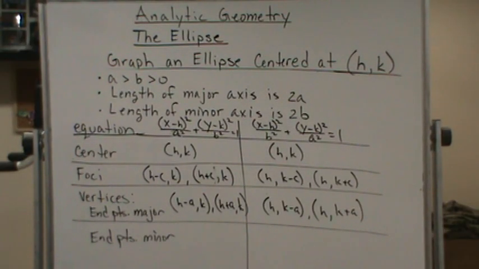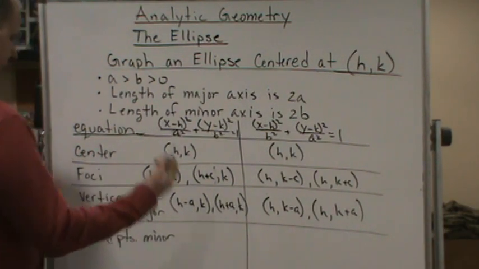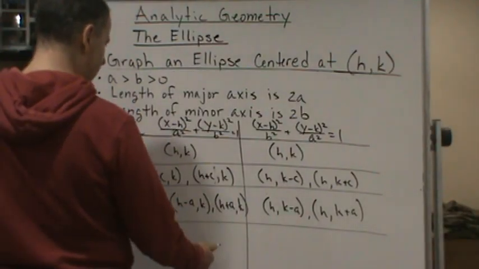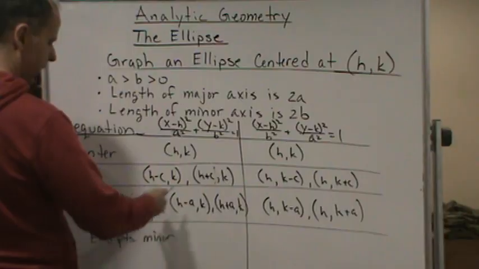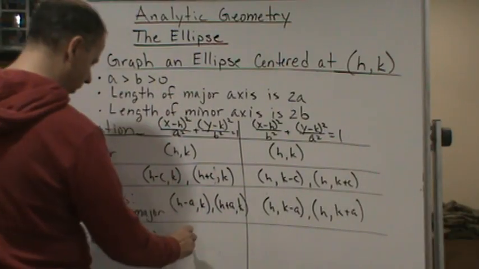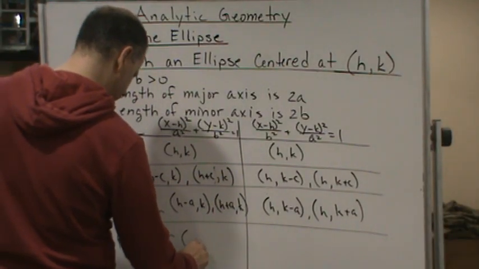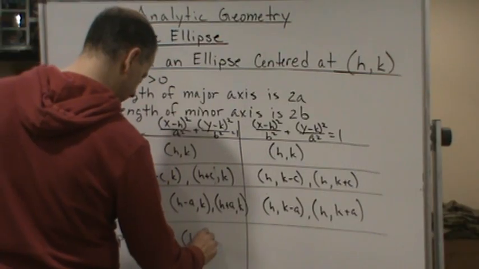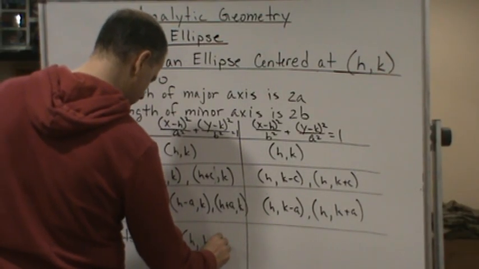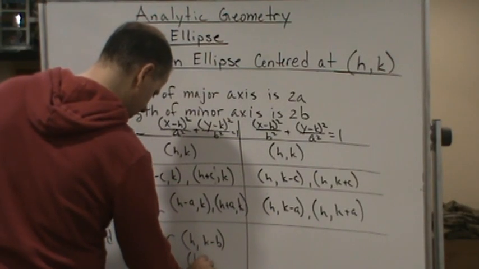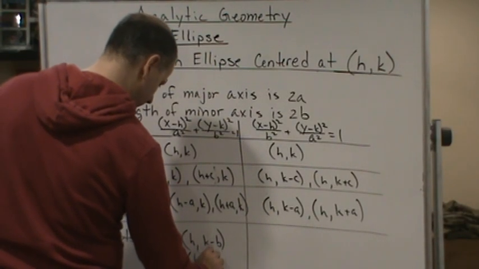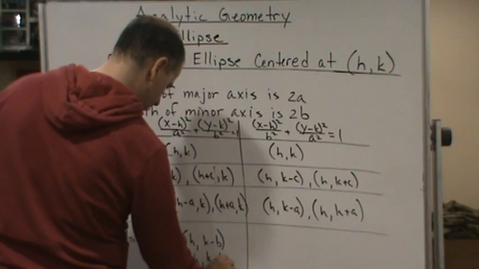And then finally, the endpoints for the minor axis, that's going to be where your b comes in. So if it's horizontal, then your minor axis is vertical. So in this case here, it would be h comma k minus b, and then it would be h comma k plus b.